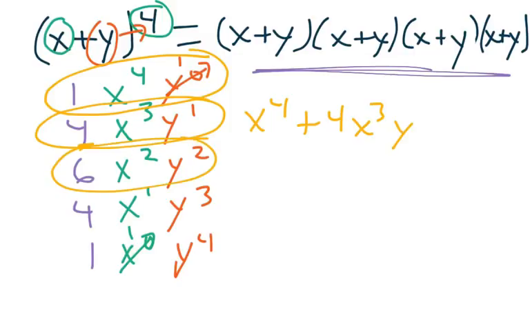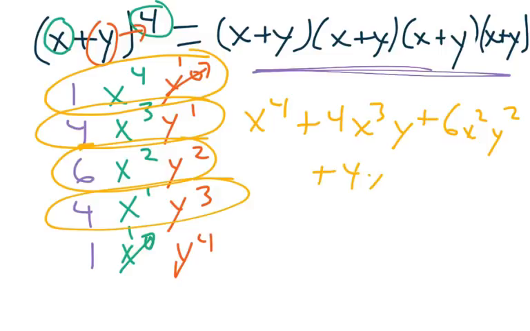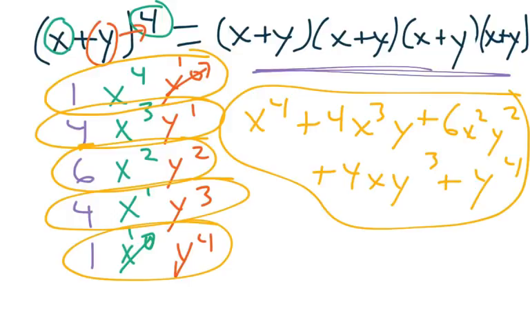Next, I'm going to have a 6, x2, y2. Next, a plus 4, x, y3. And finally, I'm going to have a 1, y to the 4. And that right there, guys, is exactly the same as multiplying x plus y 4 times.